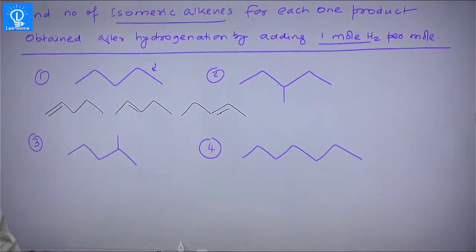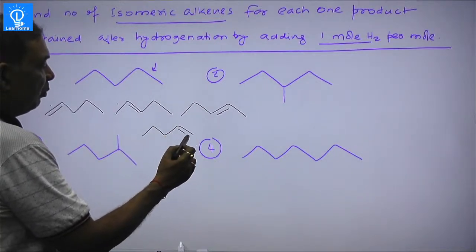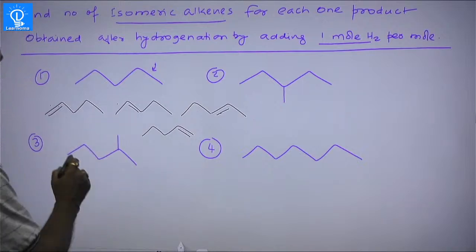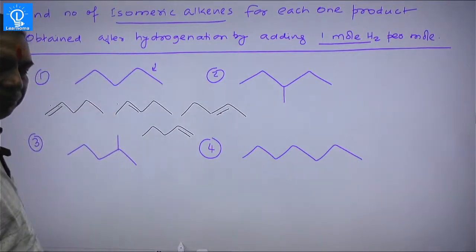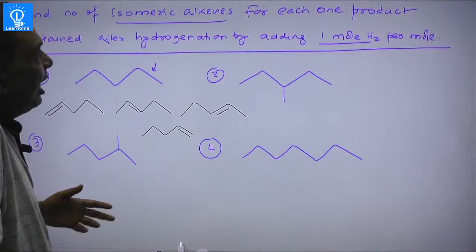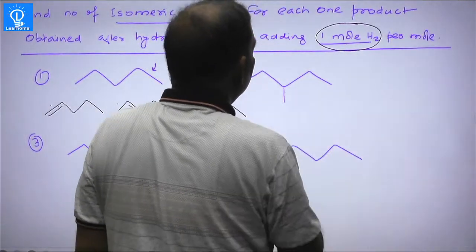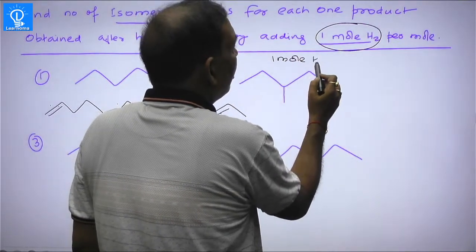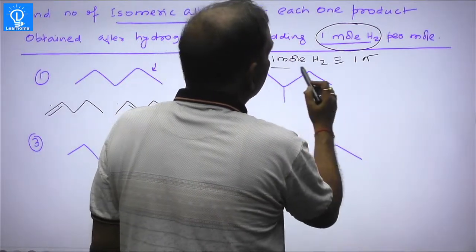If someone says pi bond here, they are identical to this one. See the technique. The carbon skeleton remains the same. We can't change the carbon. We have to add a pi bond. How many pi bonds? 1 mole H2 means per mole, this implies 1 pi bond per mole.